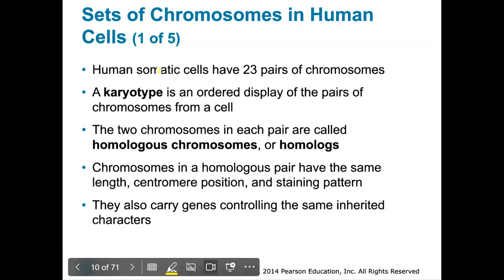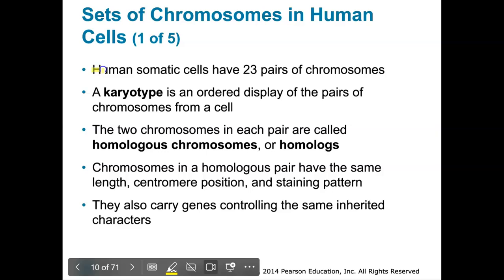I'm going to stick to the human life cycle in chapter 13 because I think that's enough for you to have to learn. When you get to Bio 112, you can go into more detail about other organisms, but we're going to stick with humans when we learn meiosis.